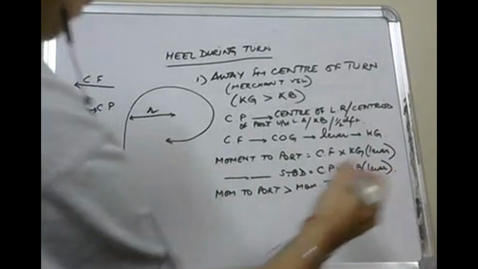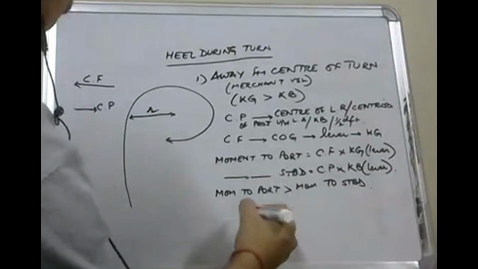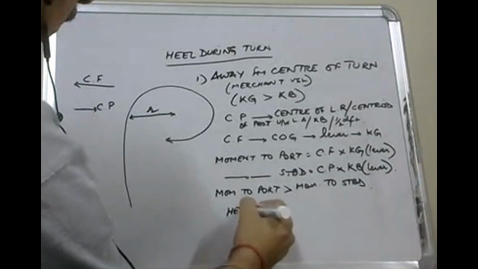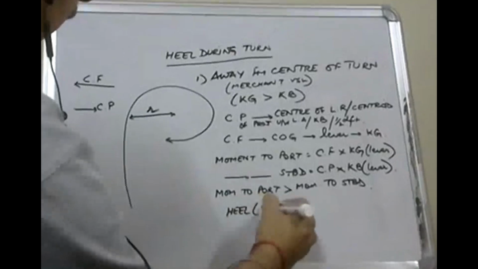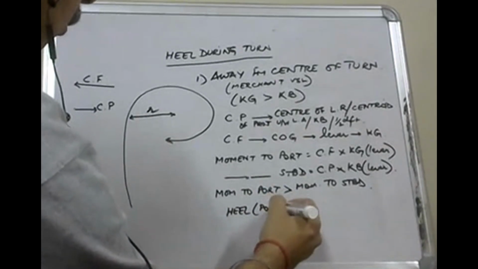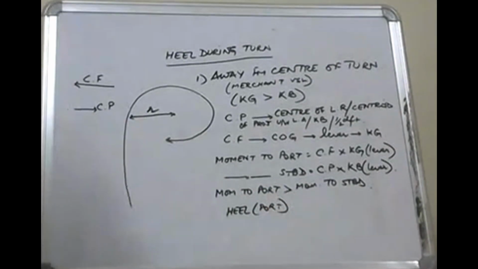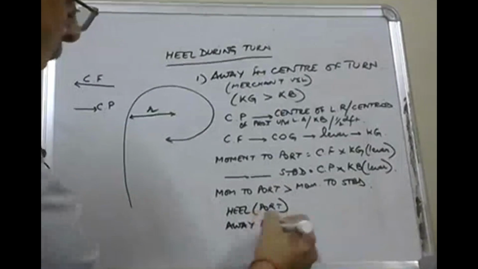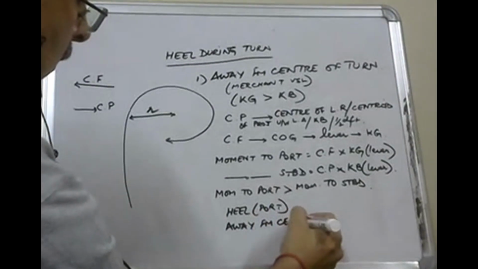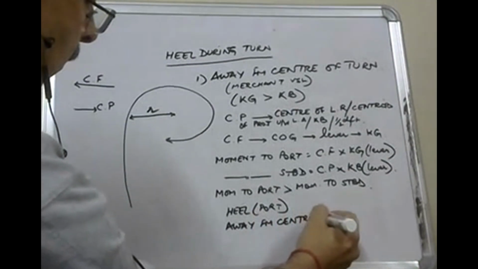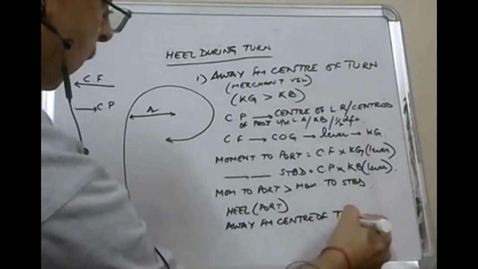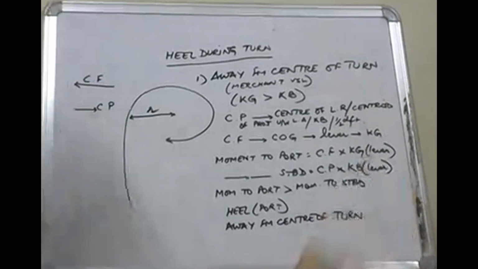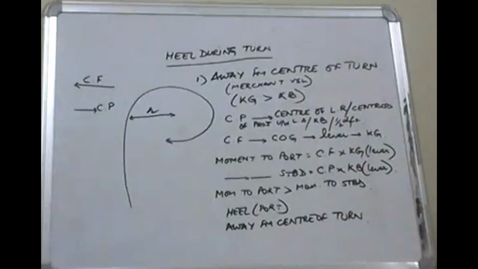And because the moment to port is greater than moment to starboard, therefore the heel will be to the port, or in other words, away from the center of turn. Is this okay with everyone?